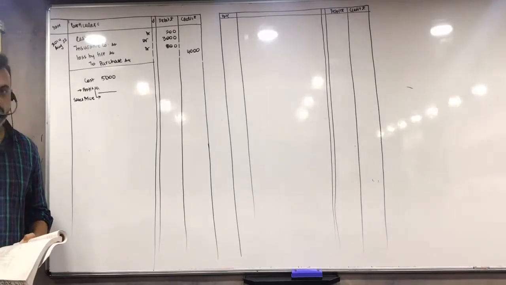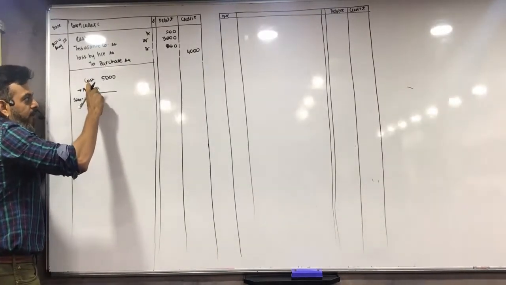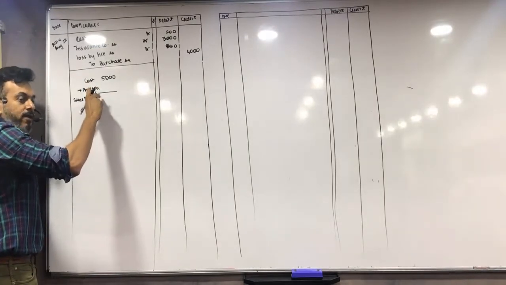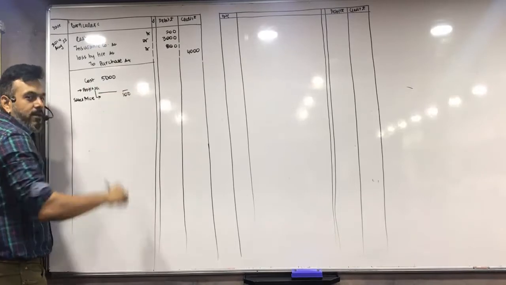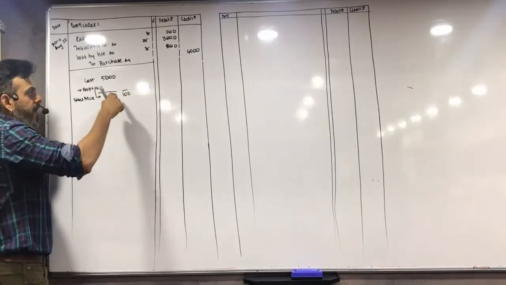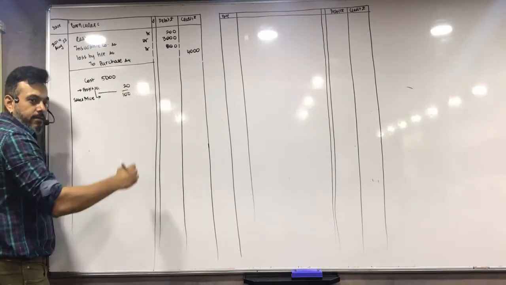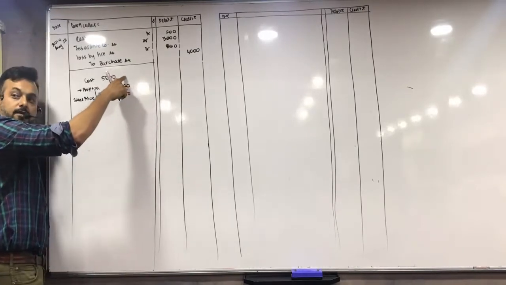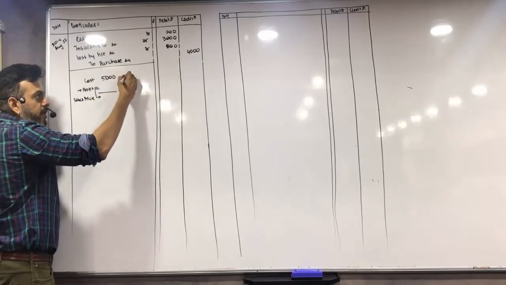Understood this all of you? Now cost is 5,000 but this profit 20% is on sales price. Now we don't know the sales price, so we assume sales price as 100. If sales is 100, तो profit 20% on 100 is 20. तो ये cost find कर सकते हो. What's the cost? Cost is 80.